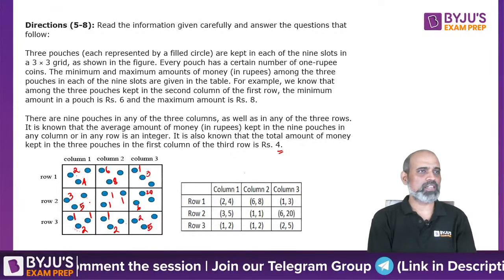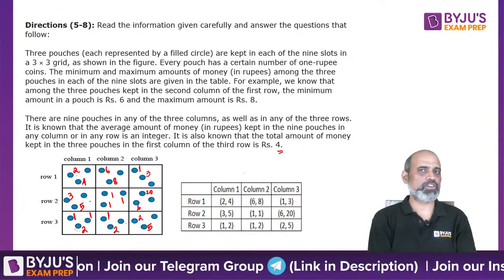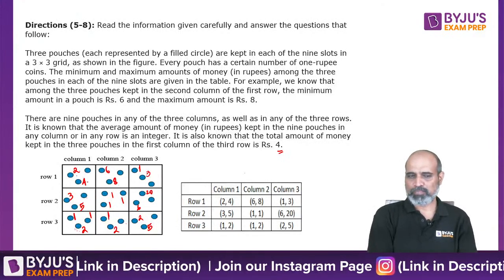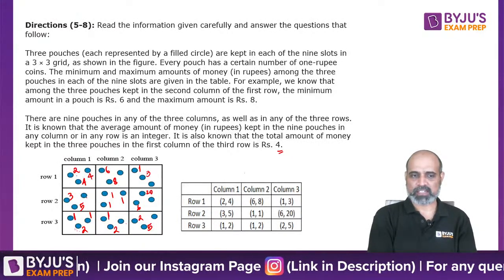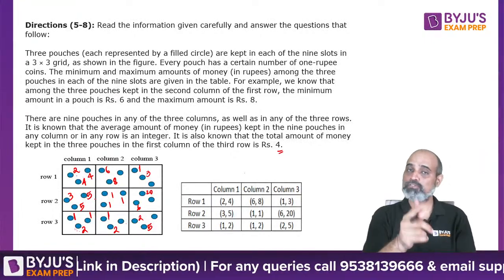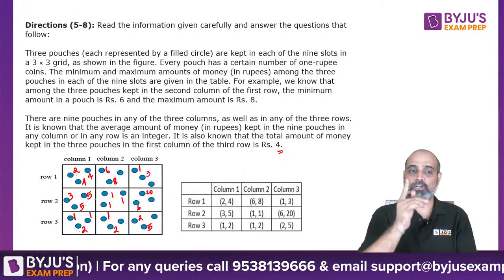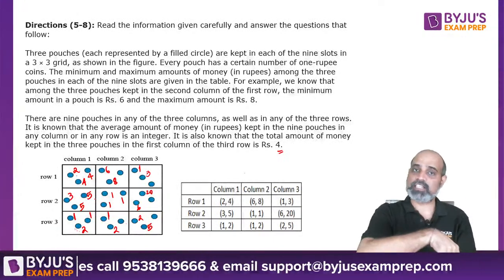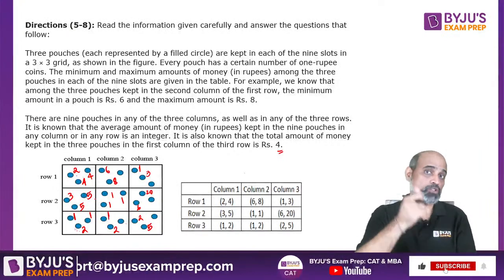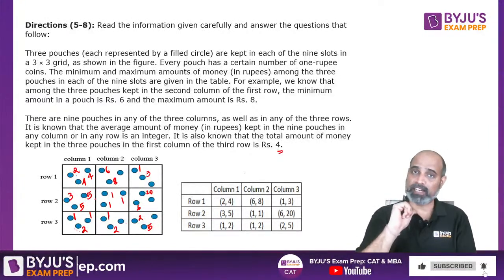Either it will be in the table of 3, not in the table of 9, or not in the table of 9 at all. So if you pay a bit of attention, you will realize it has to be 4 and 5 only. To make 9, it will be made from 4 and 5 only. Because the moment you reduce the first cell from 4 to 3, that decrease should be compensated in the next cell, second row, first column.